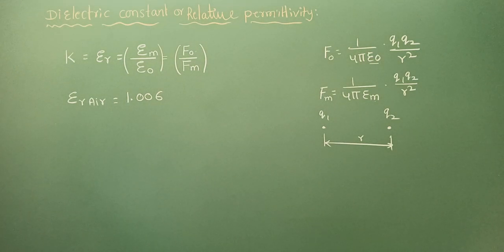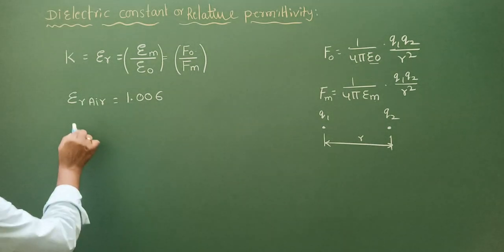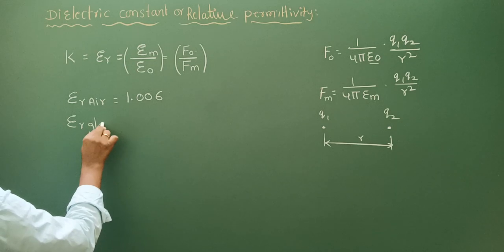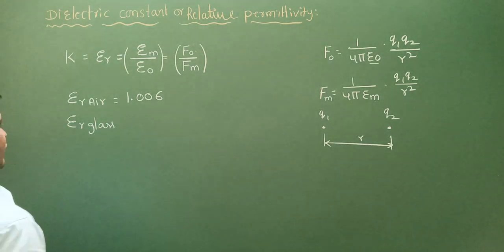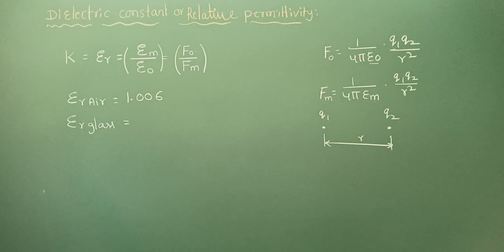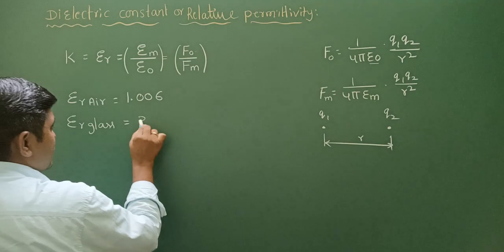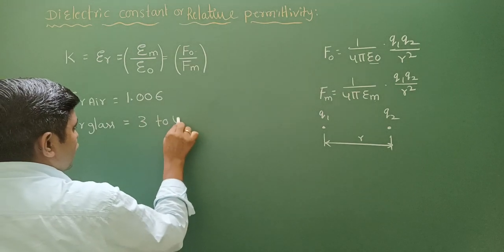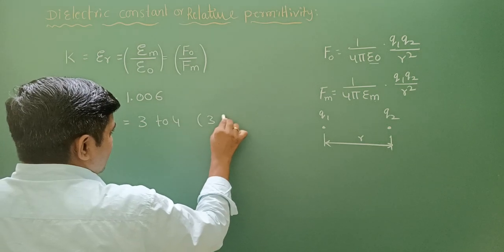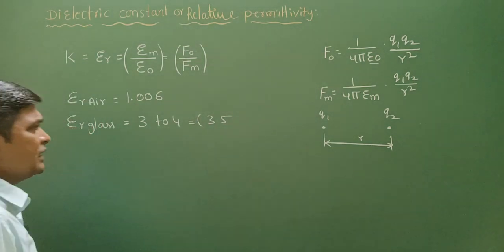Next, if you take the dielectric constant or relative permittivity of glass, it is in between 3 to 4, or if I take the average, 3.5. What is the meaning of that?